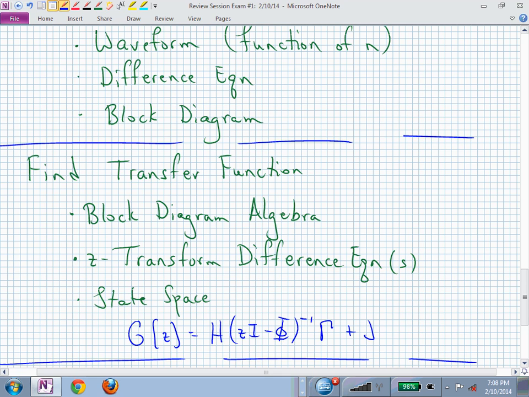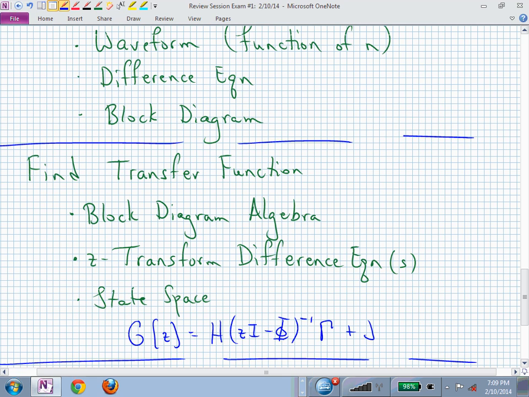Find the transfer function, either from a block diagram using block diagram algebra, Z transforming a difference equation, or doing a state space, and this is what I said I will try to derive tonight. And this structurally looks like what the G of S did before. It's just now the S is replaced with a Z, and our system matrix is this Greek capital letter phi. Our input matrix is a gamma. The direct feed-through matrix is capital J. That's not the square root of -1.